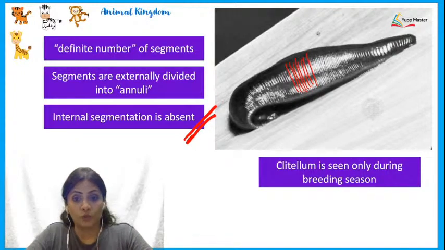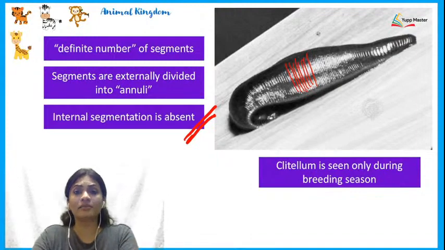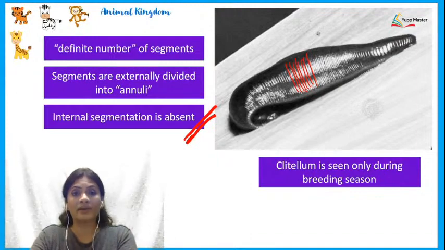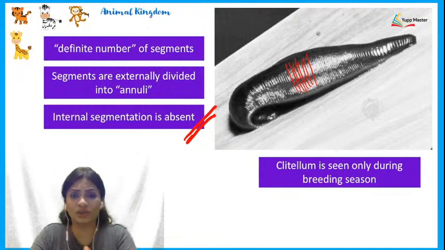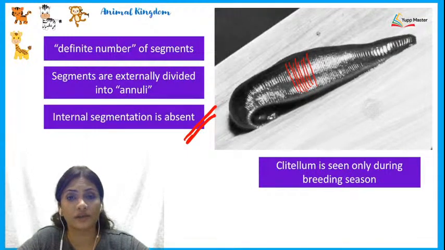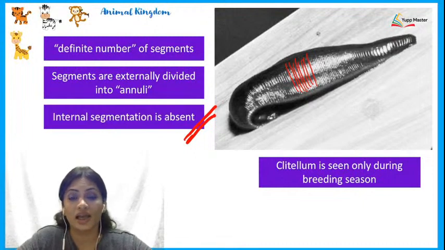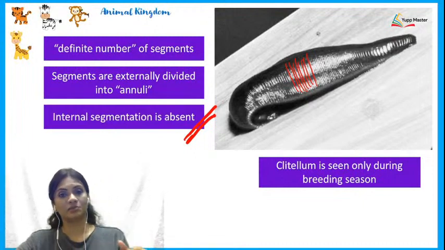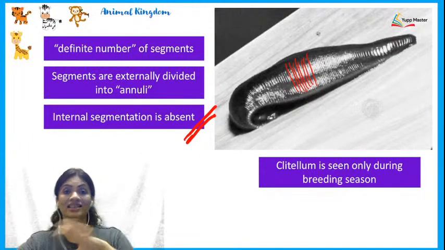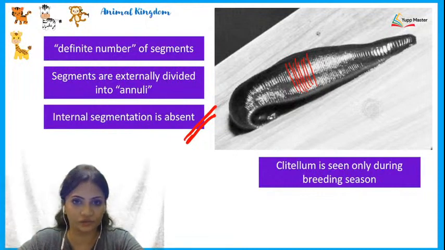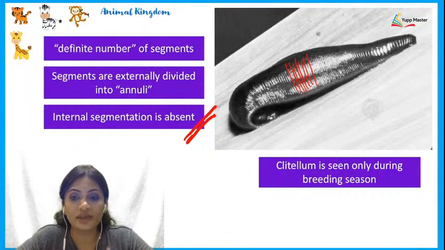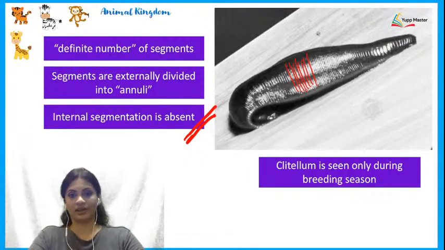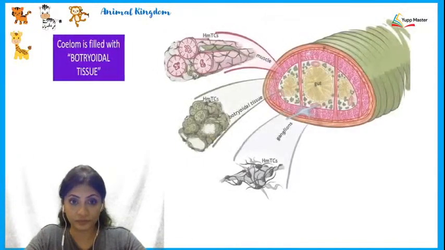We see here that the clitellum does appear in leeches, but unlike earthworms, the clitellum is found only during their breeding or reproductive season. In earthworms, the clitellum is present right from the beginning and stays throughout the life of that earthworm. But in the leeches, the clitellum is present only during its breeding season.